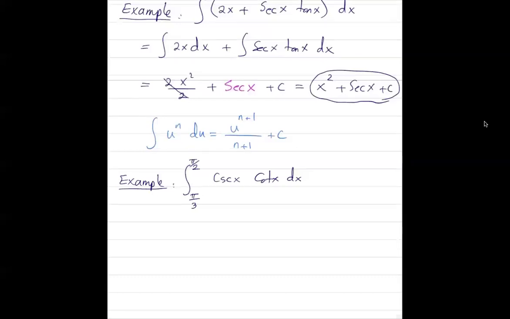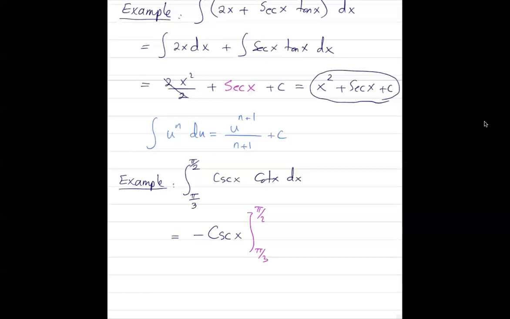Well, do you remember the integral of cosecant times cotangent? As you remember, this integral is equal to negative cosecant of x plus c. But since we have a definite integral, we just need to apply the fundamental theorem of calculus, as x ranges between pi over 3 to pi over 2.